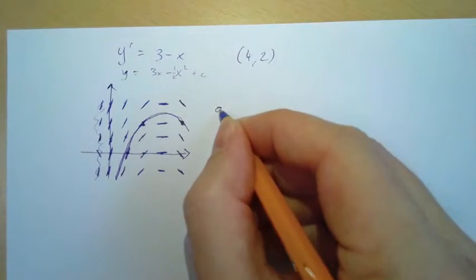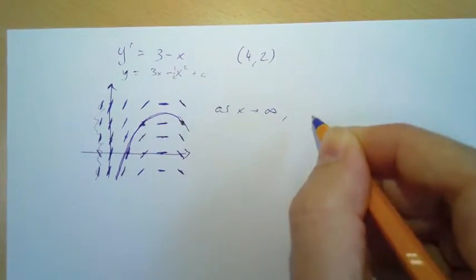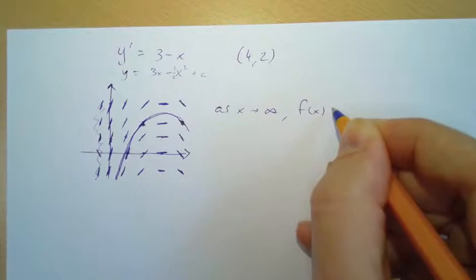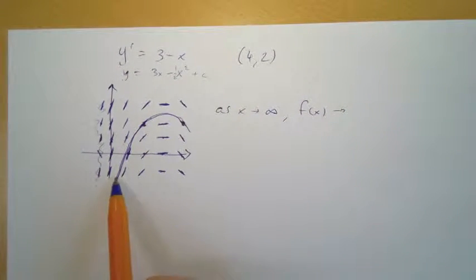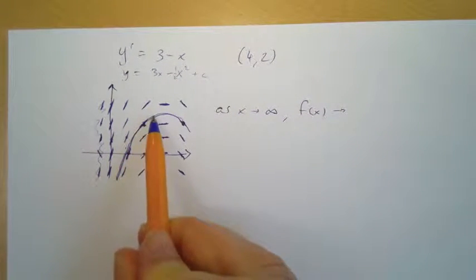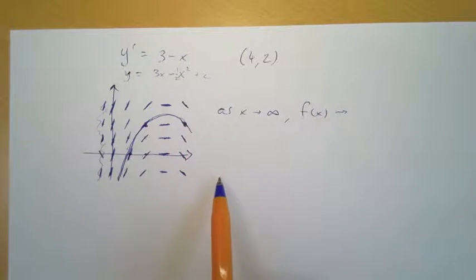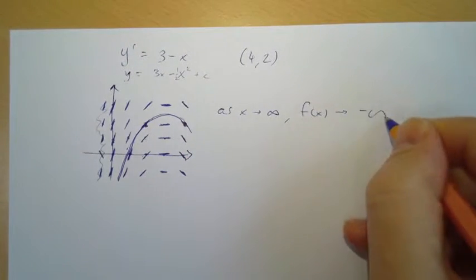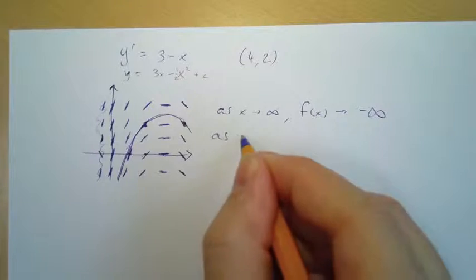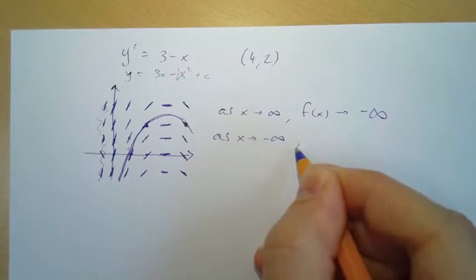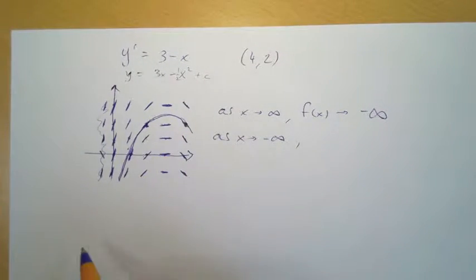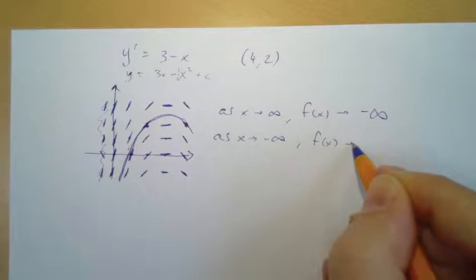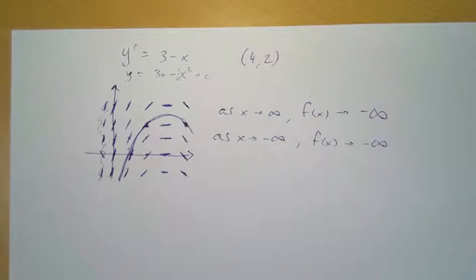So question C, as x approaches positive infinity, f of x approaches... now we're talking about the solution. So as x goes to positive infinity, f of x is just going to drop down, down, down. Likewise, as x approaches negative infinity, I'm going this way, f of x approaches negative infinity.